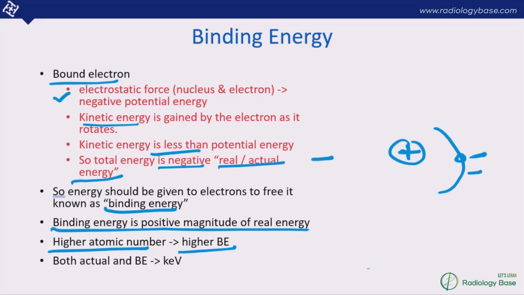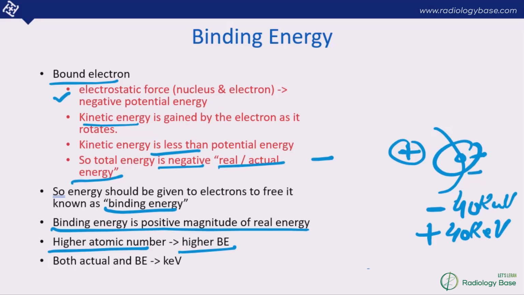So you will then need more binding energy. For example, if it's say minus 40 keV, you will then require positive 40 keV to remove that particular electron out of the shell. And both actual and binding energy are expressed in kilo electron volts.